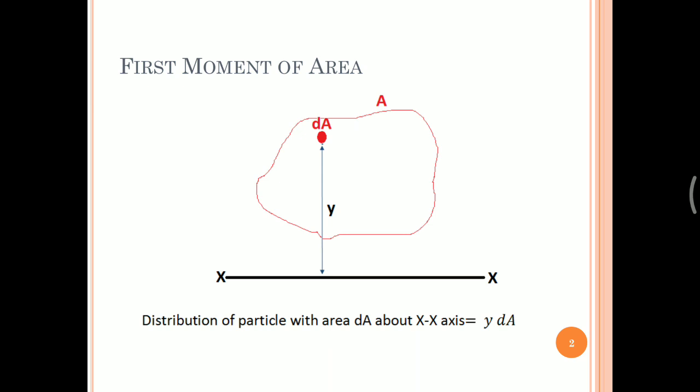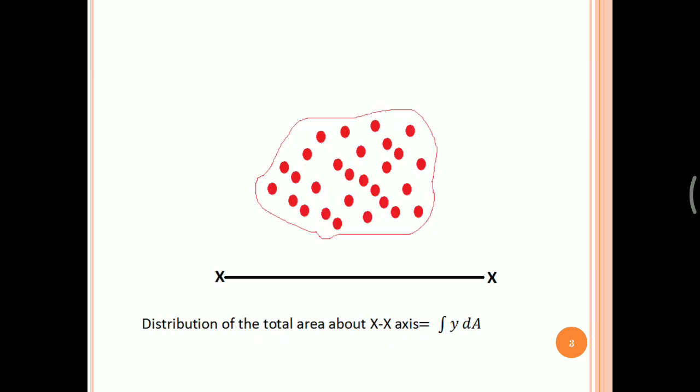That is, if you have one area, the distribution of the particle of that area is obtained by y dA, then the distribution of the entire area about the axis can be obtained by integrating y dA. So the distribution of the total area about the x-axis is the integral of y dA.